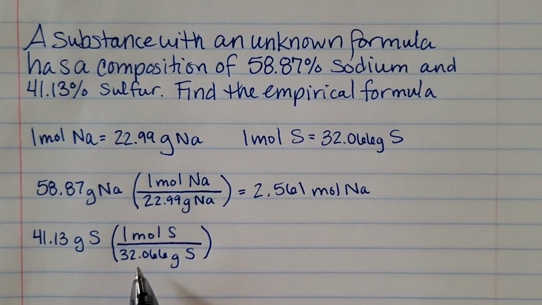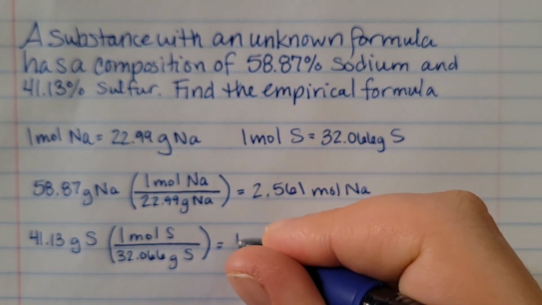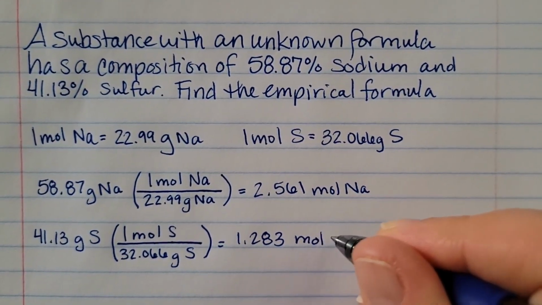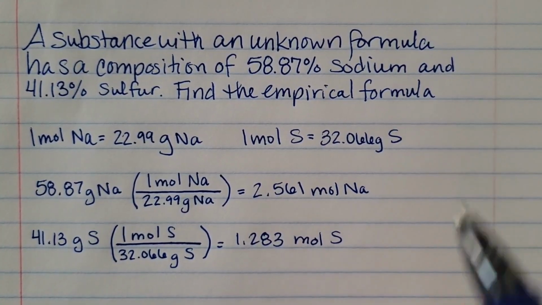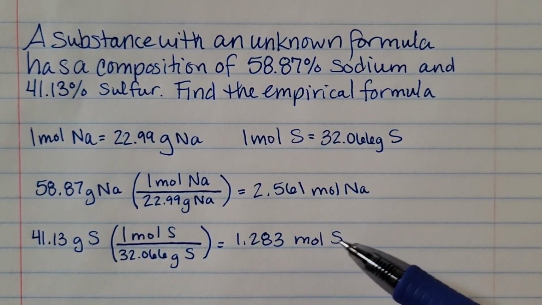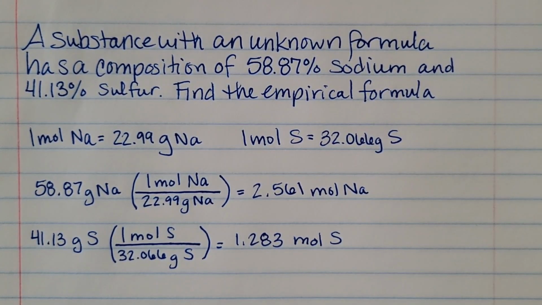We will divide these numbers just like before, and we get 1.283 moles of sulfur. So the ratio between them is 1.283 moles of sulfur per 2.561 moles of sodium. Unfortunately, those are not nice numbers, so we will take one more step to convert them to nice numbers that we can make a formula out of.